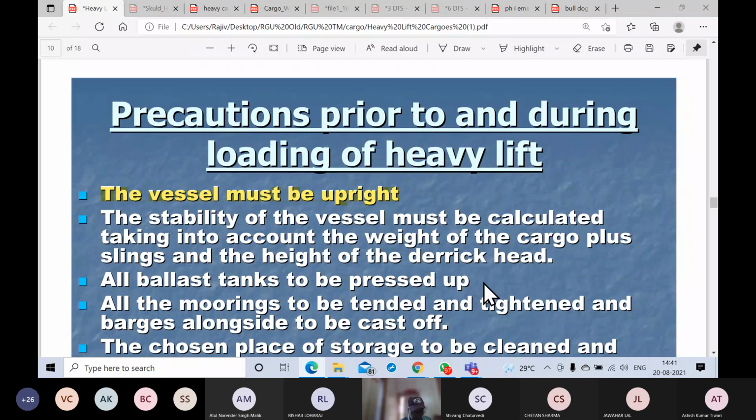Also, that is for the calculation part. Another thing is that only by observing you will come to know if she is listing too much. If you have not started upright, you will not be able to make out. But if you have started upright prior to loading, then you will easily make out if she is listing heavily.